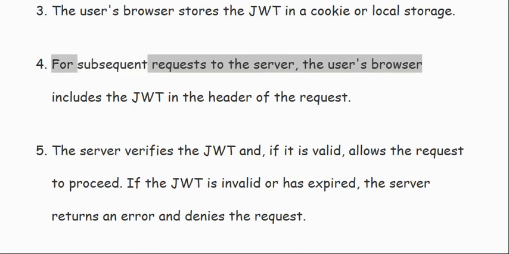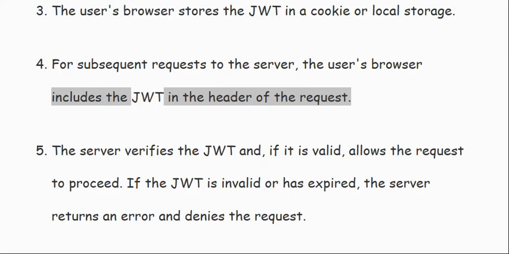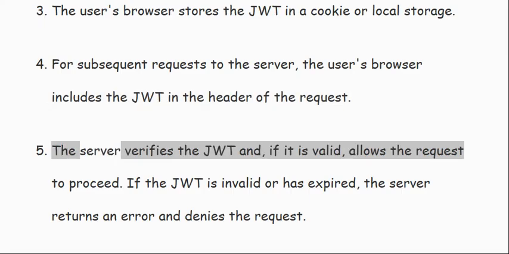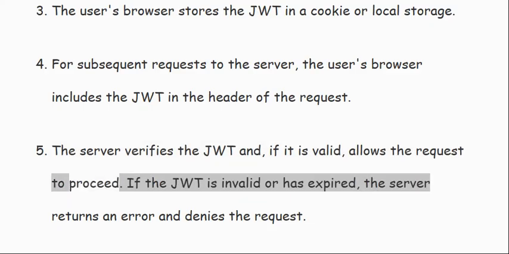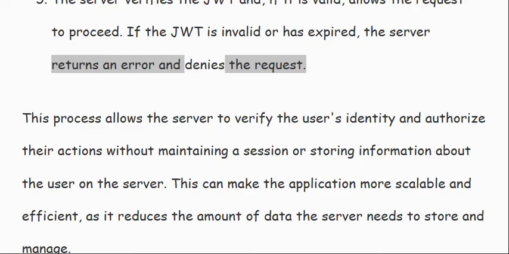For subsequent requests to the server, the user's browser includes the JWT in the header of the request. The server verifies the JWT and, if it is valid, allows the request to proceed. If the JWT is invalid or has expired, the server returns an error and denies the request.